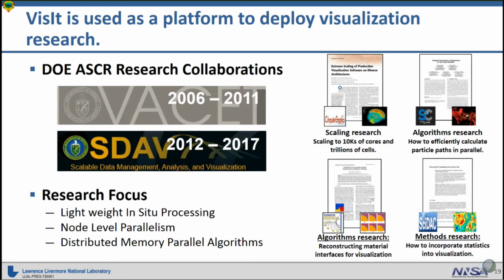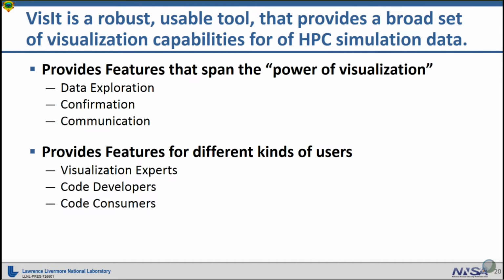What we're working on is a lightweight version, in terms of processing and memory, to use in the future. We're also working on node-level parallelism, as I mentioned earlier, to take advantage of threading, Knights Landing, and GPUs. And we're always working on new distributed memory parallel algorithms.